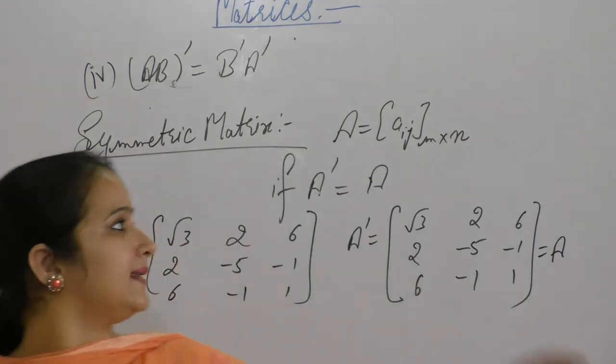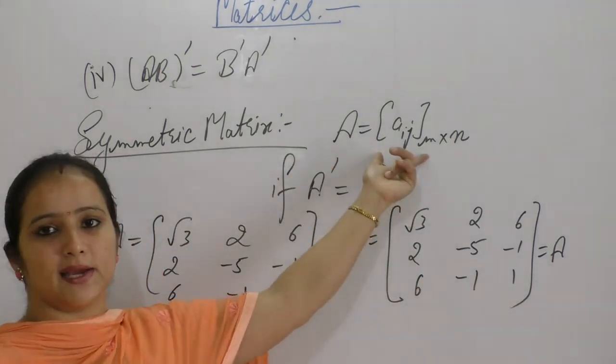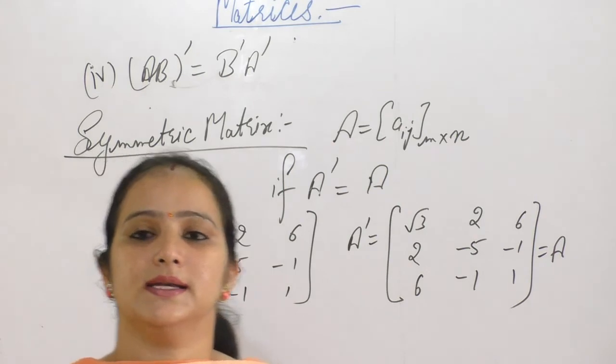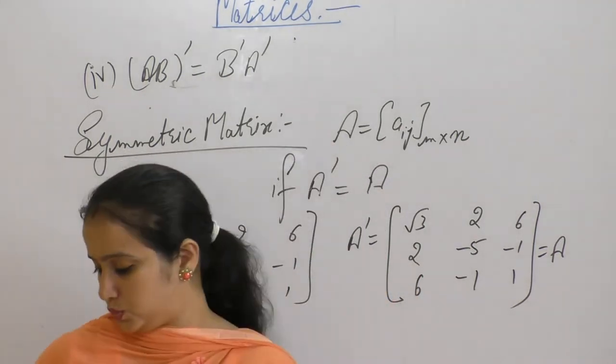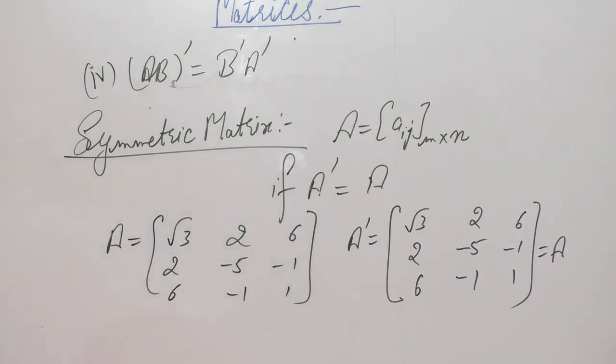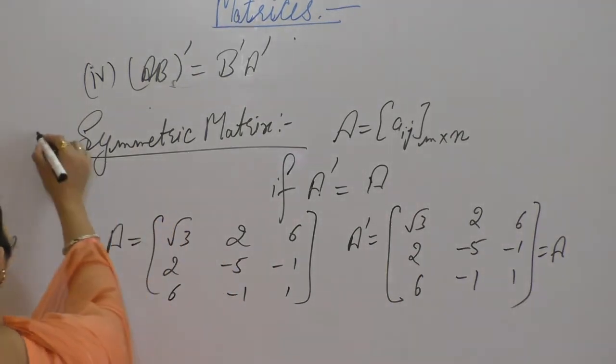So, a square matrix A equal to Aij of order m into n is said to be symmetric if A transpose is equal to A. Next is skew symmetric matrix.